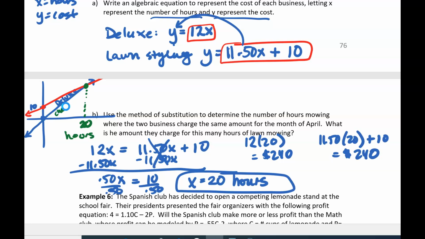So the deluxe at this point is cheaper, and the lawn styling is more expensive. Now after 20 hours, you can see the red line, or the deluxe, or I'm sorry, lawn styling ends up being cheaper after the 20 hours. So that 20 hours is what we call the break-even point.